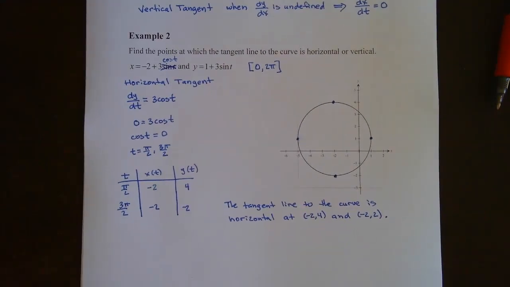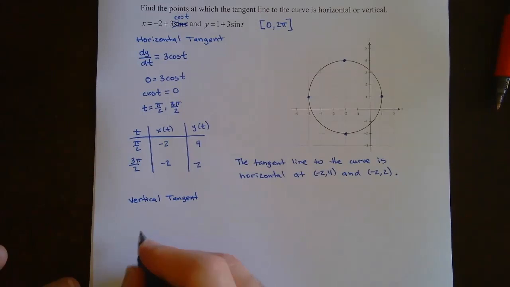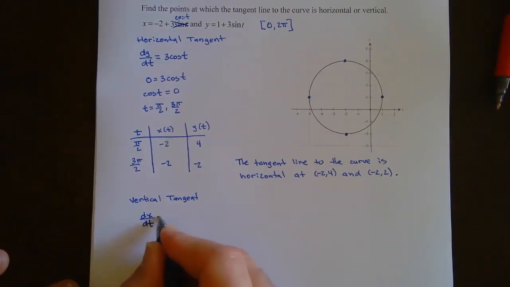Now how about the vertical one? The vertical one would be where dx over dt is equal to 0. So vertical tangent would be where dx over dt is equal to 0. Let's figure out dx over dt.